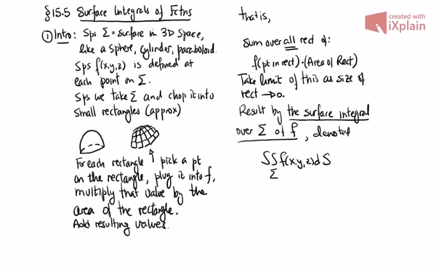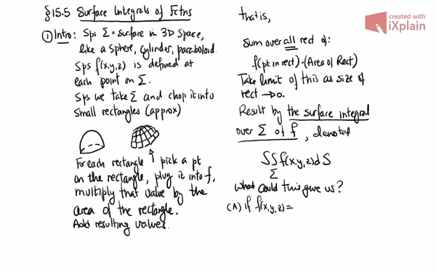So what could this give us? I'll give you two possible examples. If the function is 1, think about what happens. We take f at a point in the rectangle, that gives us 1.